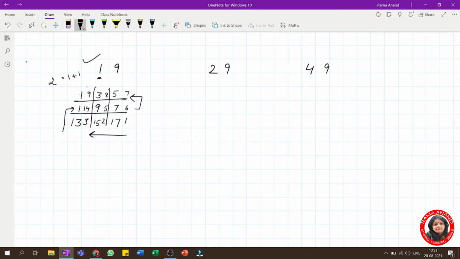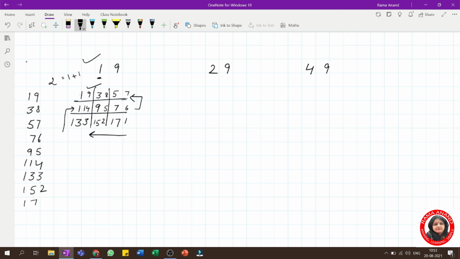So in this way you can generate your table. How to write this? First 19, then 38, then 57, then 76, 95, 114. So in this way your table goes like this.